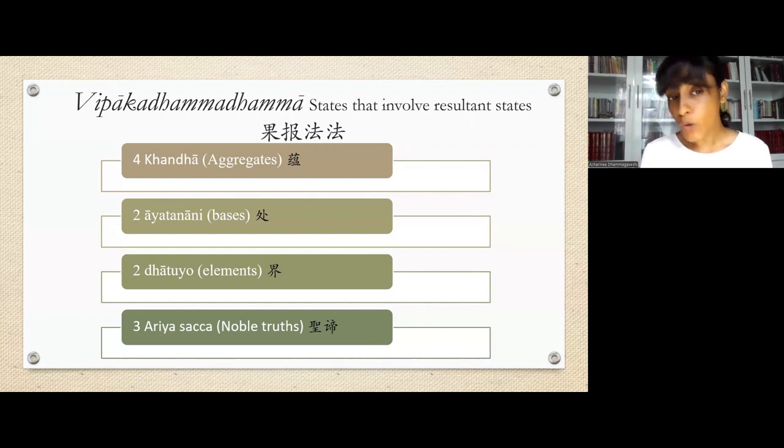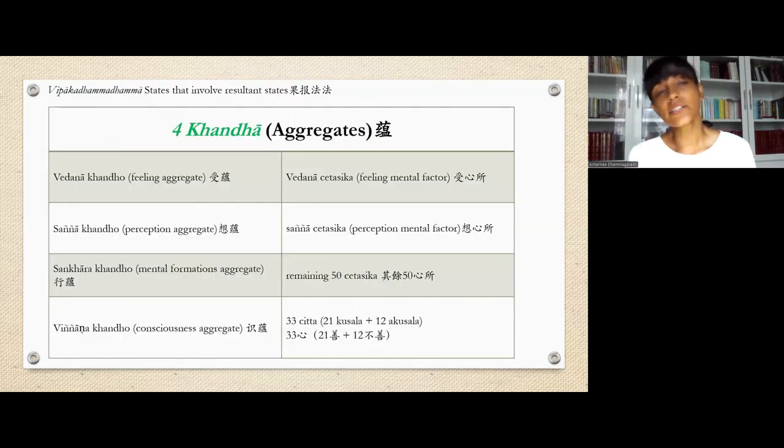Similarly, we get 2 āyatana because the first 10 rupa āyatana are not considered. And we get 2 dhātu, 3 ariya sacca. So first, the aggregates, the khandha. We don't get rupa khandha, the first aggregate of matter. We start with Vedana khandha. So Vedana cetasika is classified there.